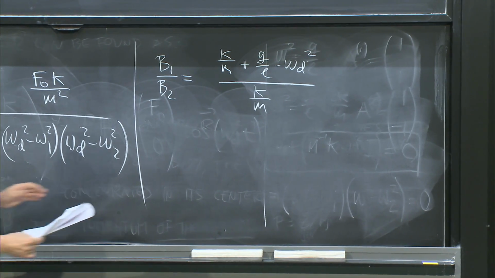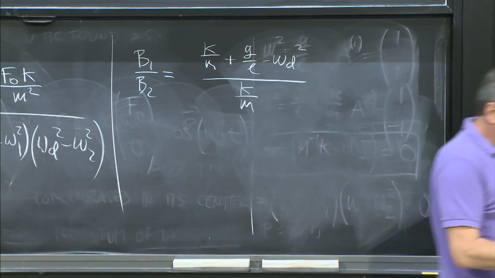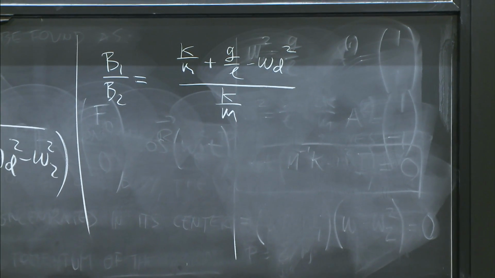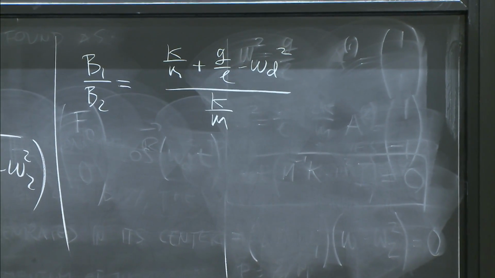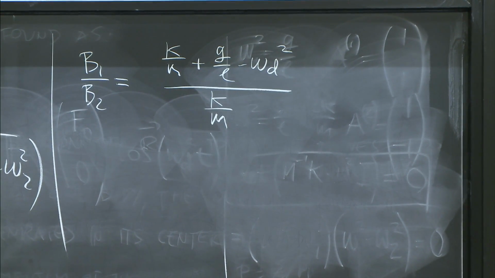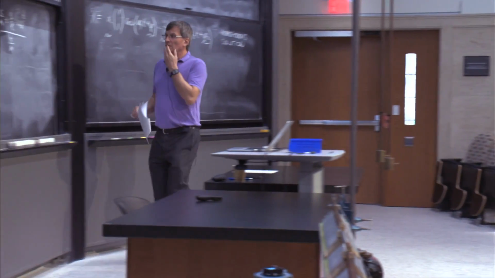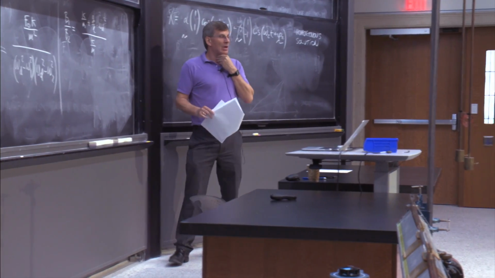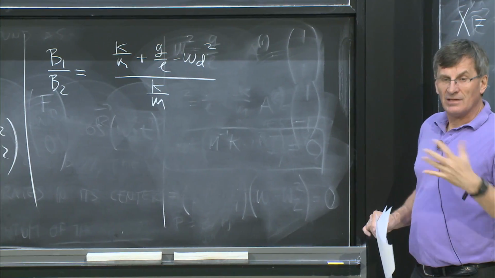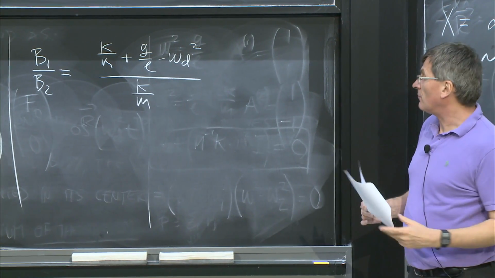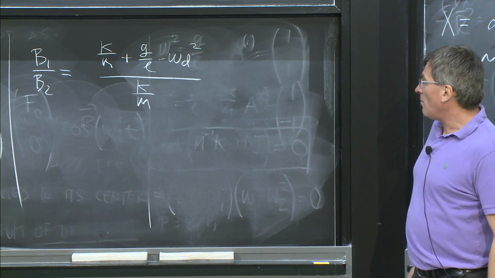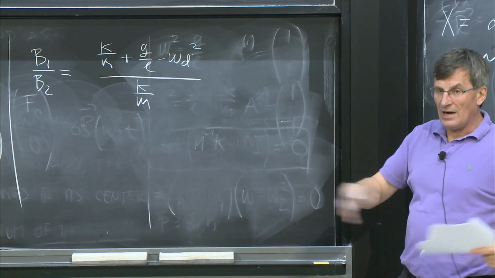Okay? And so now comes the interesting question. This omega d can be anything. So you can analyze it different ways. For example, you can look at small, large, etc. You can compare it.